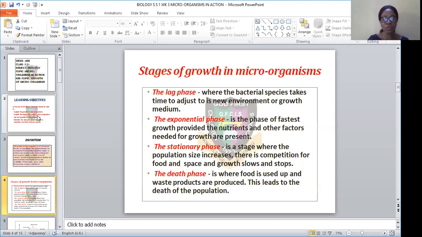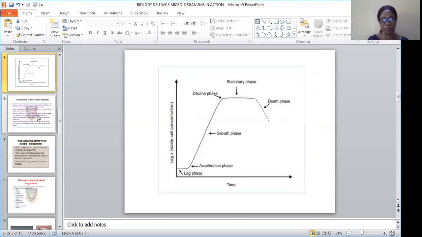This leads to death of the population. From my table here, you can see the diagram representing the stages of growth, that is from lag to exponential phase, then to stationary, and finally the death phase. You all know that at a point in life, all microorganisms must die.